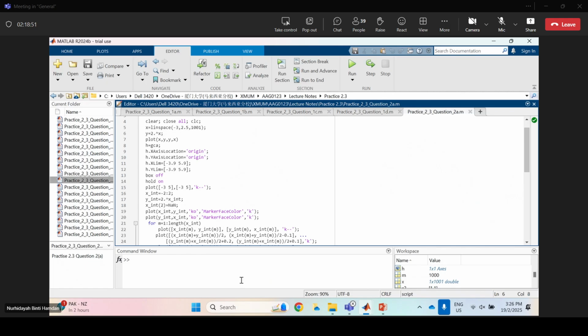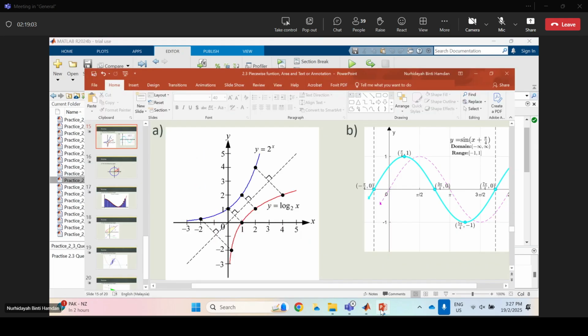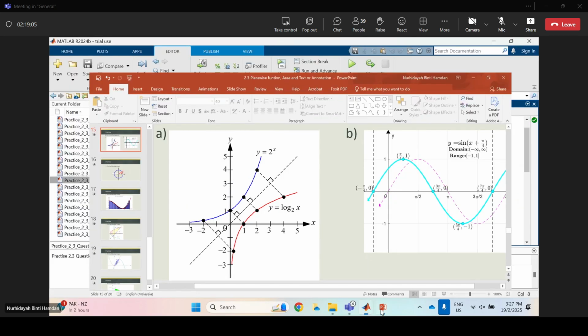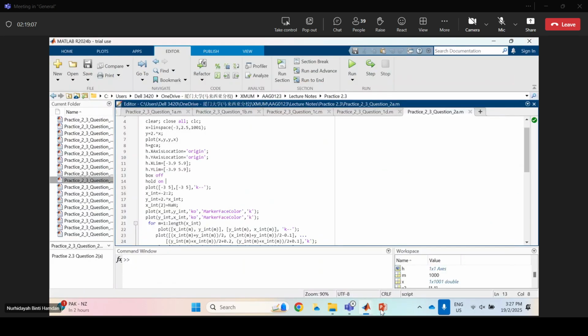I put the values, the origin, x limit, y limit, which is okay, and box off. You look at this, there's no box as the border. Hold on. First of all, please uncomment all the above from x underscore integer until the rest.